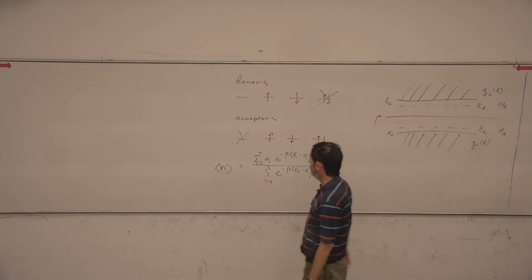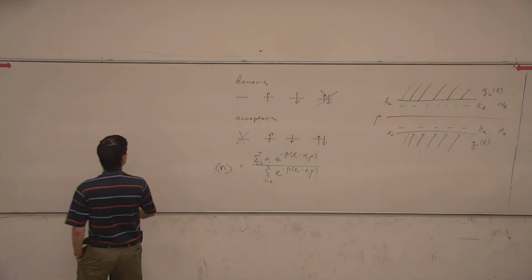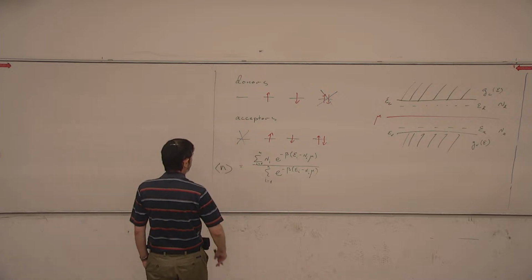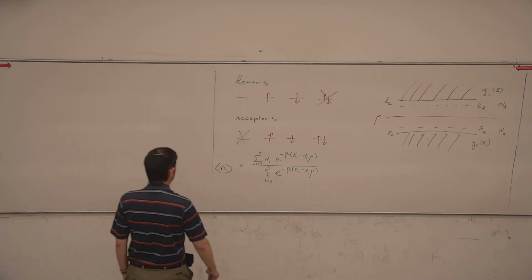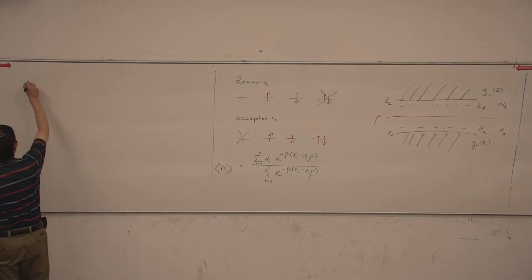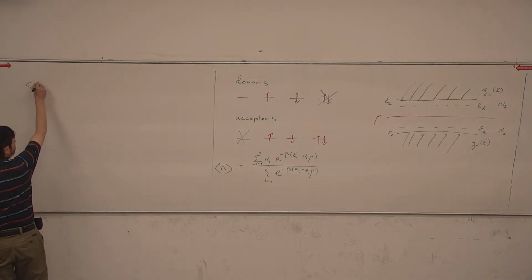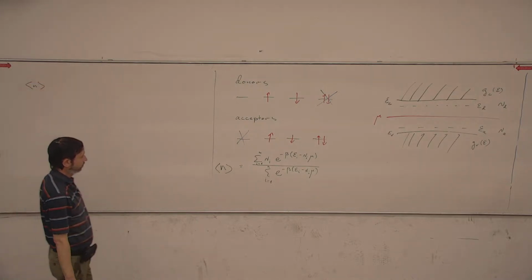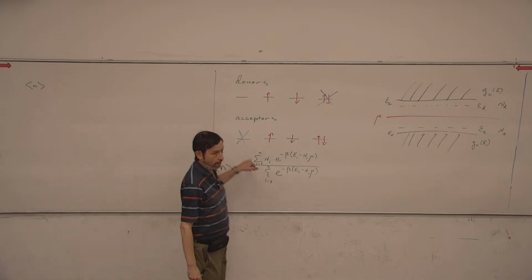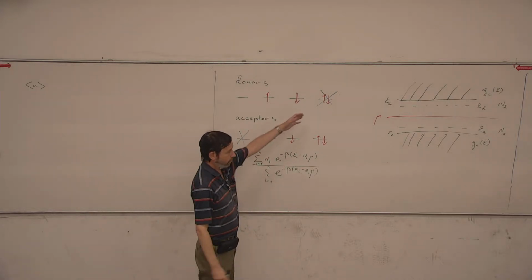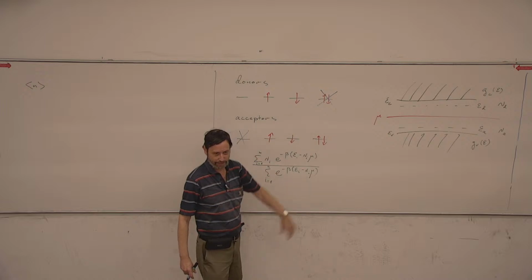So for the acceptor, I have 3 states, having decided this one is not in the game.